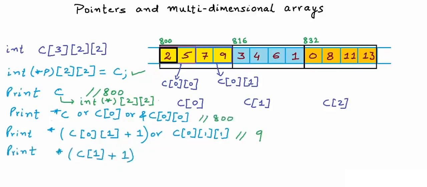Now what will be the output for this print statement? Asterisk of C[1] plus 1. C[1] will return us a pointer to one-dimensional array, the first one-dimensional array in C[1], this block containing integers 3 and 4. Adding 1 is performing pointer arithmetic and going to the next one-dimensional array. It's going to this one-dimensional array containing 6 and 1.